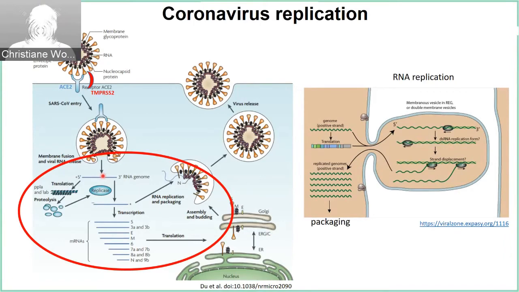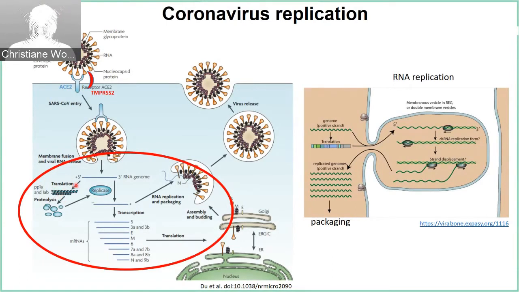And then once the RNA is delivered into the cytosol, replication starts to happen. And the very first step for positive sense RNA viruses is always translation, because their viral RNA-dependent RNA polymerase needs to be expressed first.